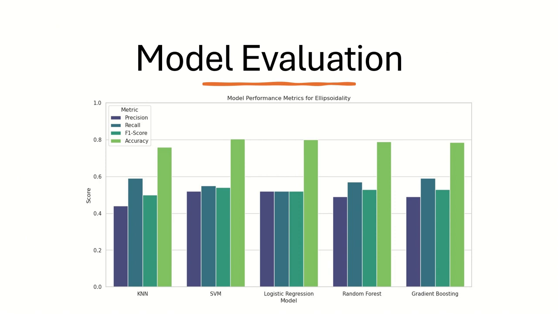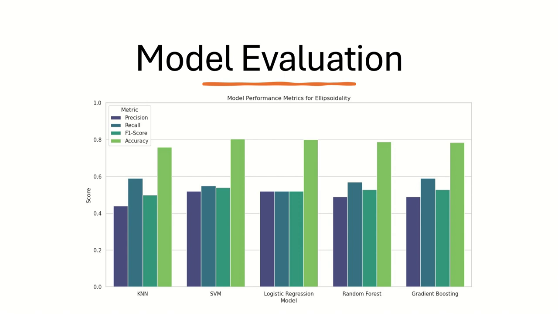Also, I have done the accuracy scoring for all the models that I have tested. From here, we can see that the support vector machine and logistic regression models were good according to accuracy. But if we are looking at the F1 score, the best option is the KNN model or the gradient boost.